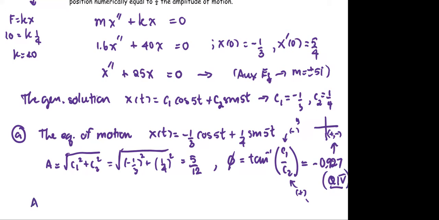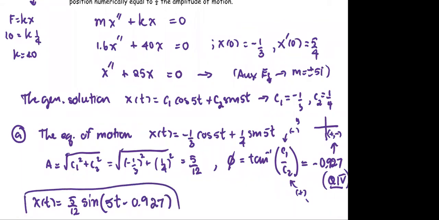So the alternative form of the equation of motion will be x at t equals 5 over 12, which is the A, multiplied by sine of omega, which is 5, times t minus 0.927.